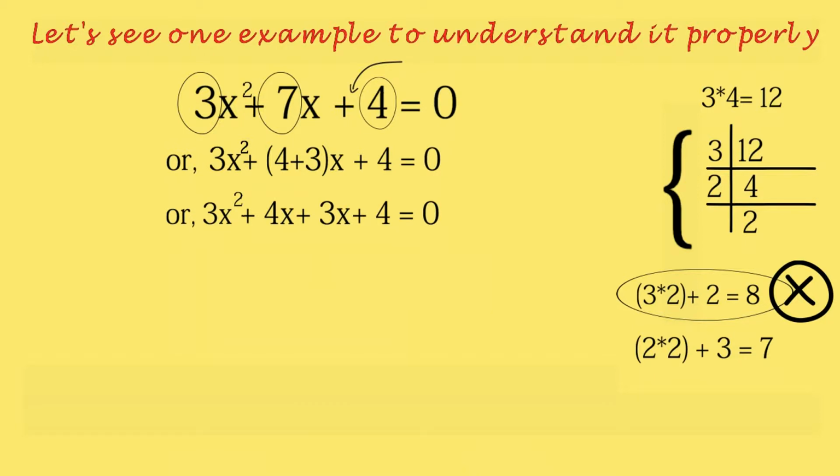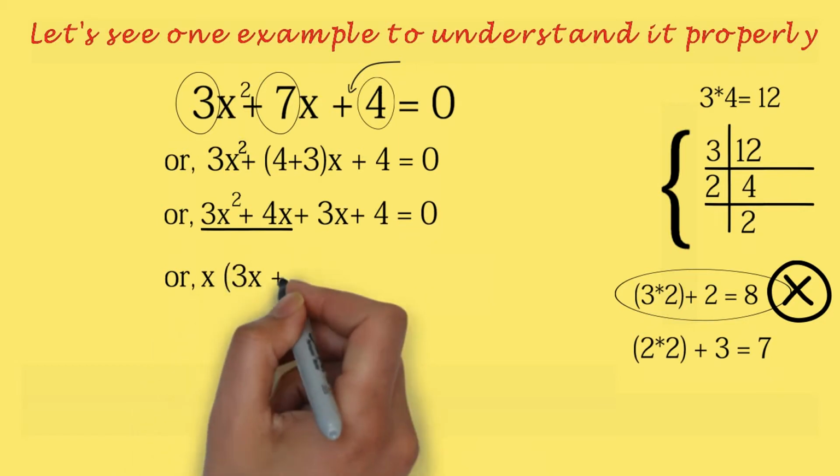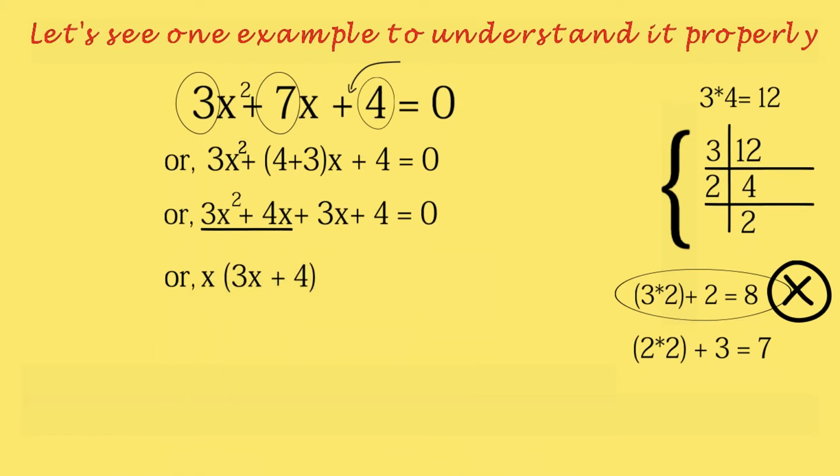Step 7. Now take the first two parts and think what maximum things you can take common from that particular part. In this case, we can take only x common from this part. Now write it like this. Step 8. Now look at the second two parts.